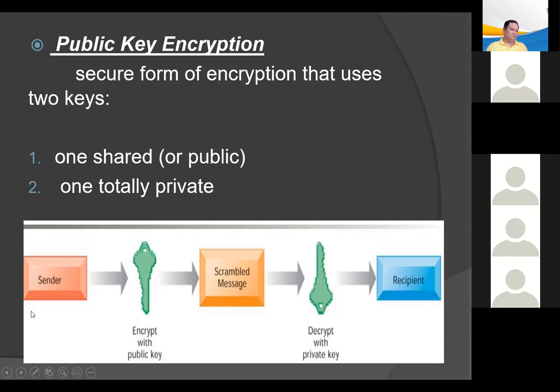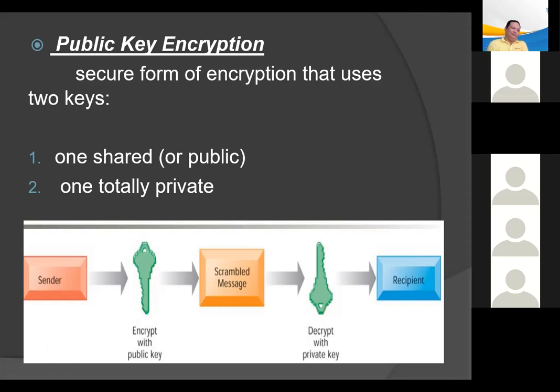So the sender locates the recipient's public key in a directory and uses it to encrypt a message. This message will be sent in an encrypted form over the internet or a private network.